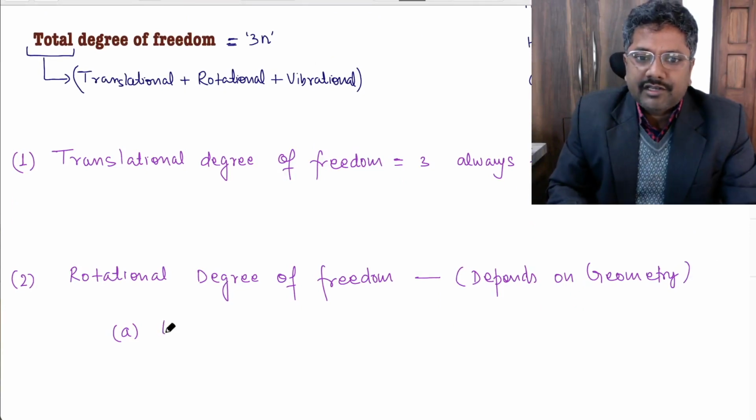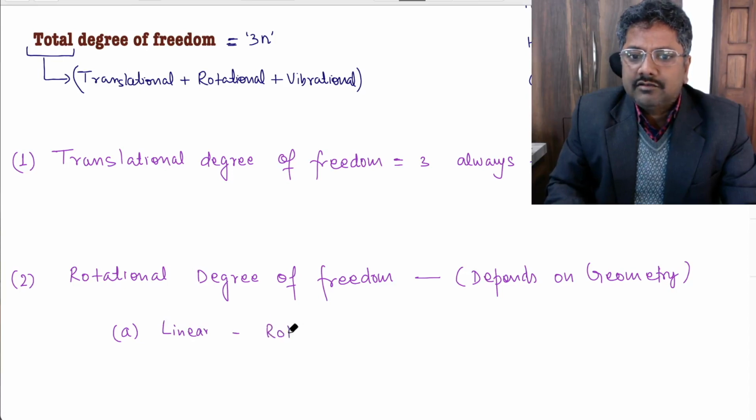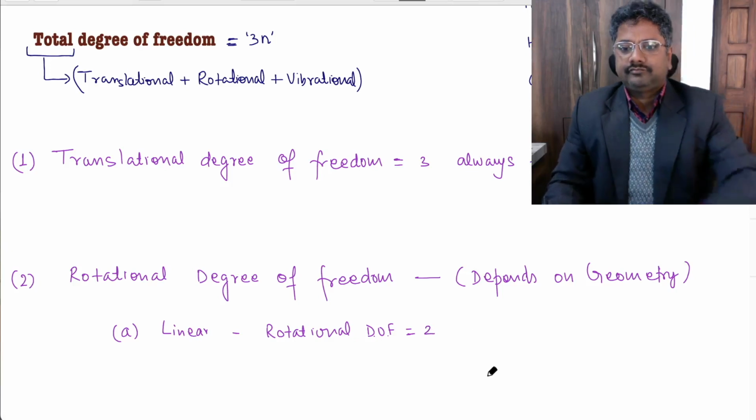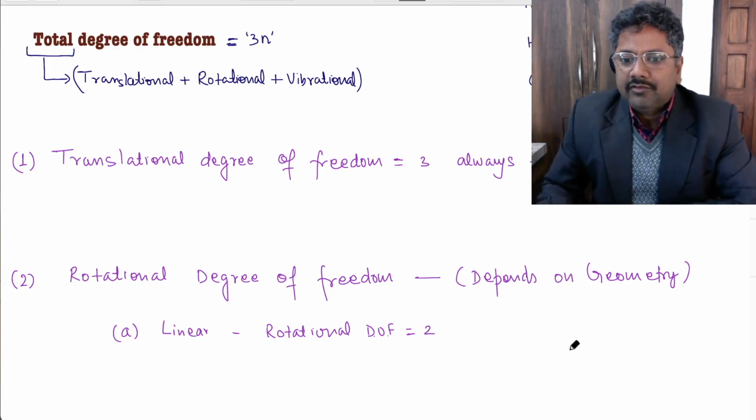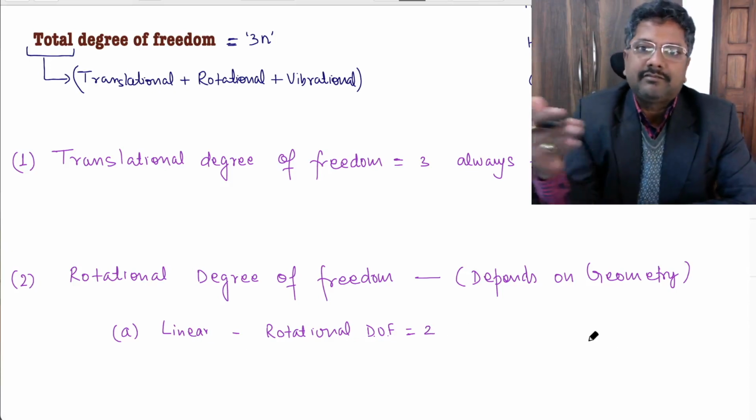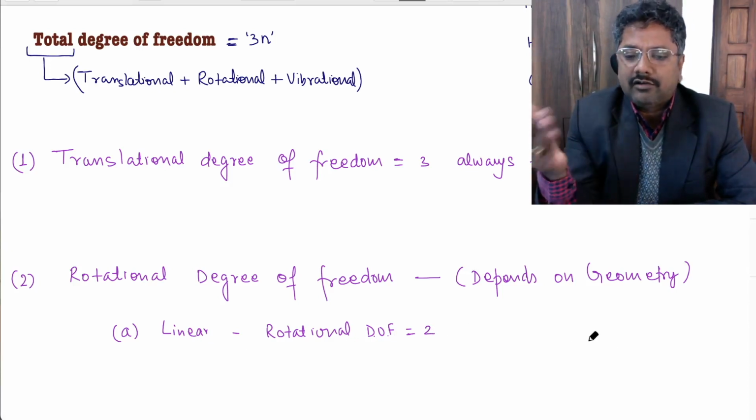One is linear. For linear molecules, the rotational degree of freedom is equal to 2, right? Every linear molecule will lie on some axis, either x or y or z.